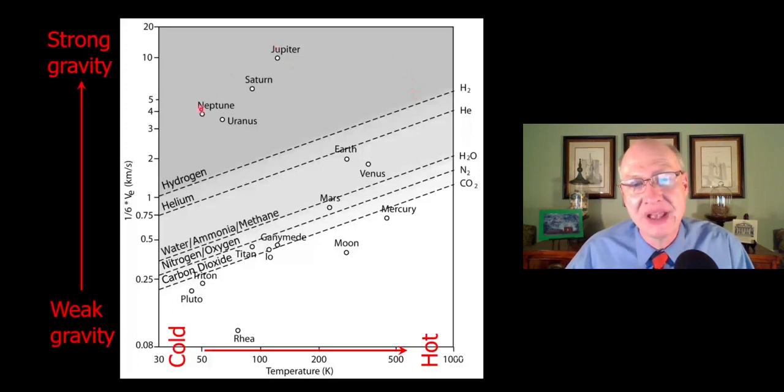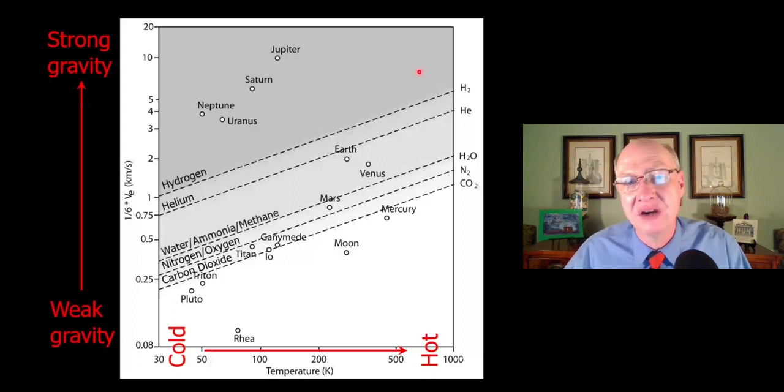And that's important because in many extrasolar planetary systems, we see planets that are going around other stars. Many of those planets are gas giant planets like Jupiter and Saturn and Uranus and Neptune, but they are much, much closer to their parent stars than our gas giant planets are.